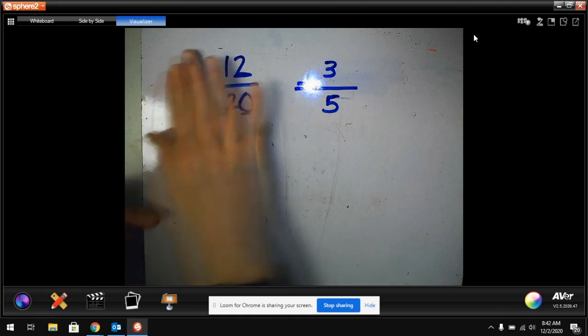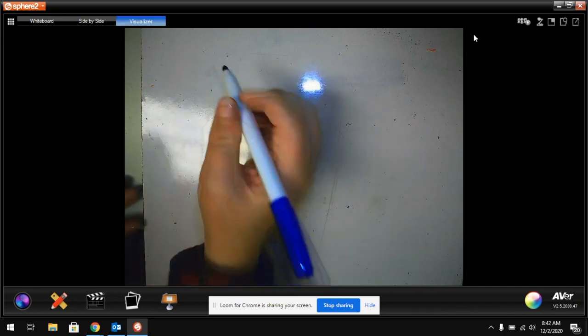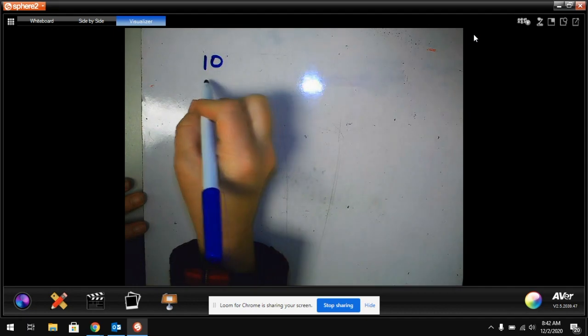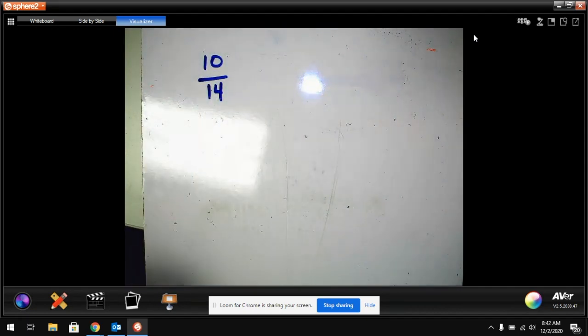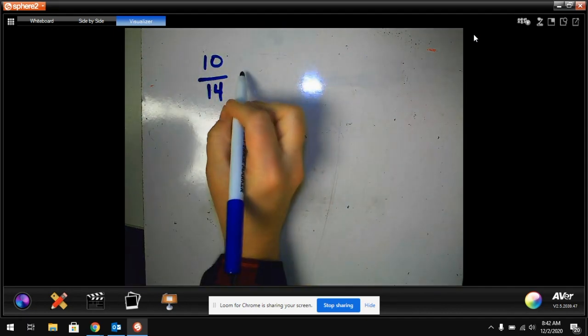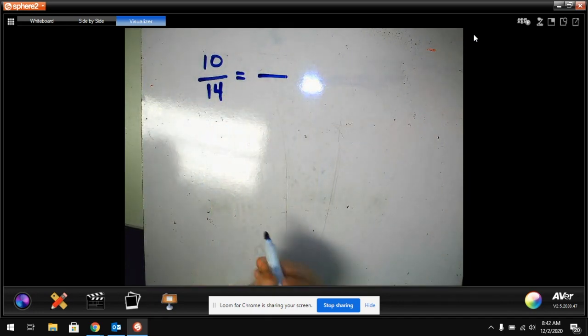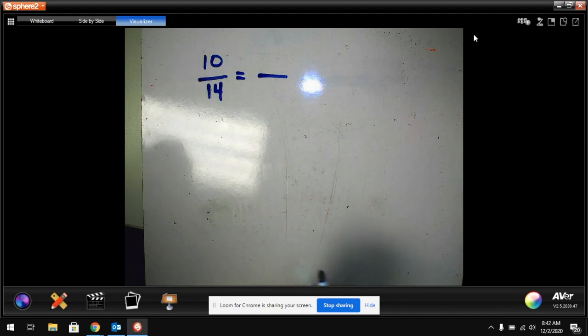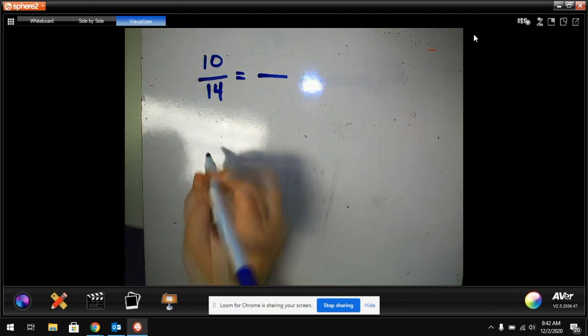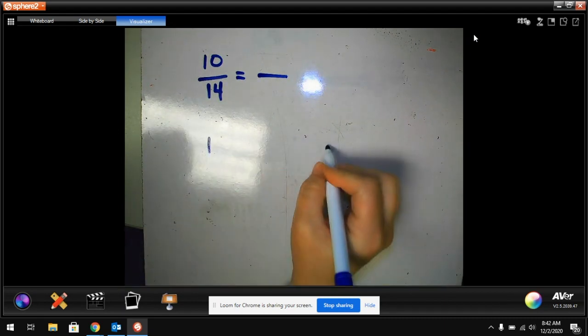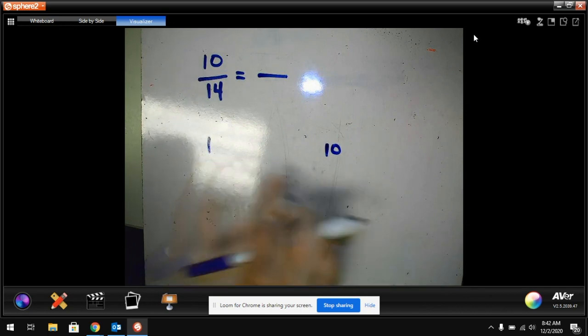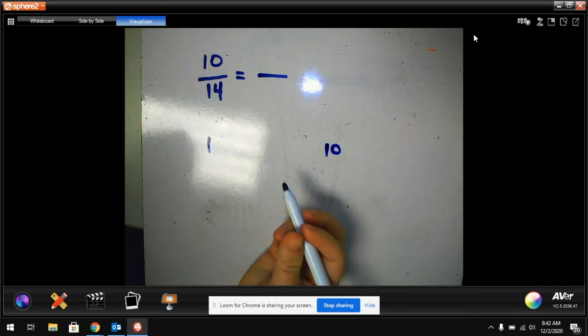Let's do another example. Let's take 10/14. Hopefully, you will eventually be able to look at the numbers and know a common factor. But again, until you do, let's just write them out. 1 times 10 equals 10 because 1 times itself, those are always factors.